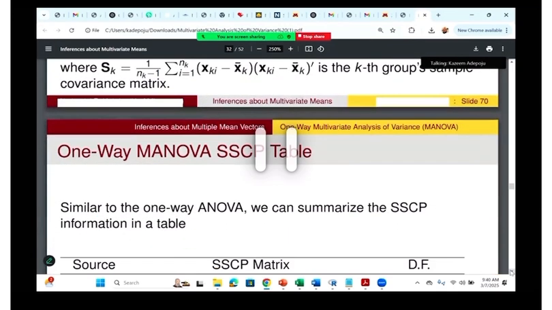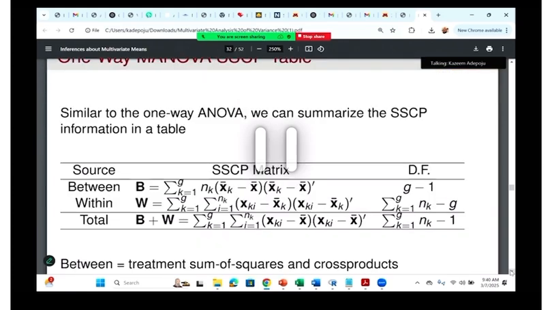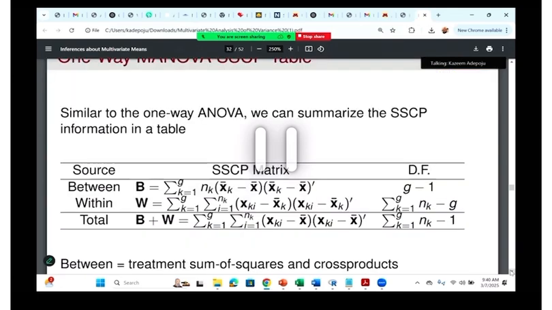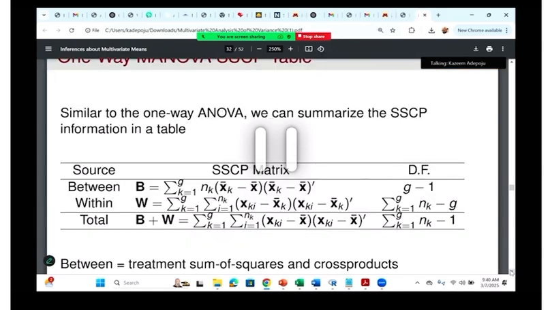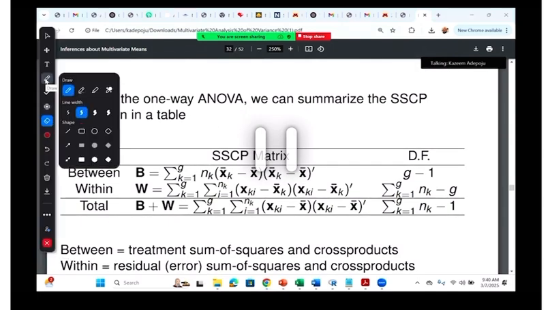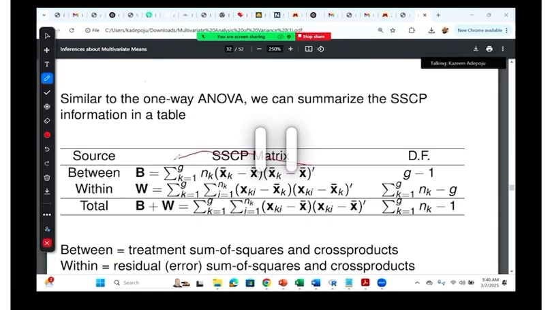Okay, now please pay attention. I want to set up my one-way multivariate analysis of variance table, similar to the one-way analysis of variance table in the univariate version, and I need you to pay attention. If you take a look at the decomposition that we did the other time, we need B. B is going to serve as the variation between.